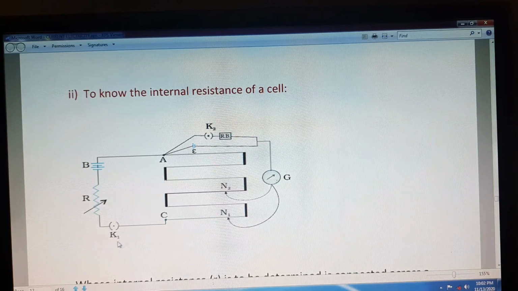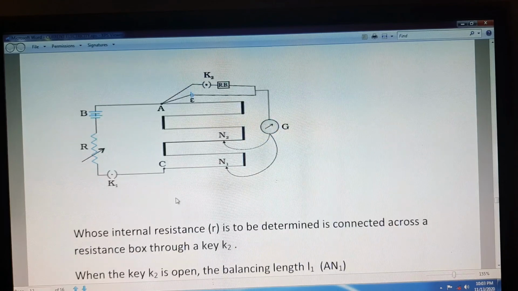In this figure, we can observe the K1 key, K2 key, a variable resistance R, and a battery, and in the same manner a galvanometer and a jockey J. The balancing points, null points, are N1, N2, where RB is nothing but a resistance box. So we determine the internal resistance of the given cell.